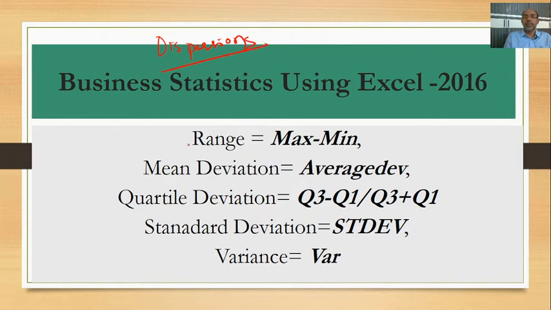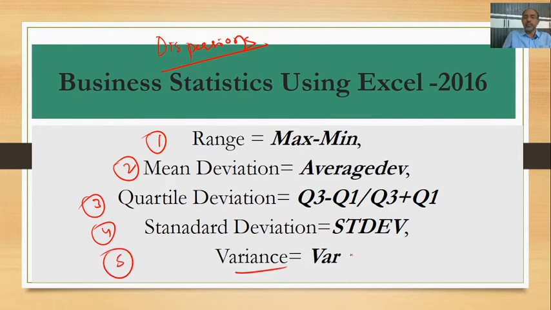In dispersion we have range, mean deviation, quartile deviation, standard deviation, and also variance. As we know, variance is the square of standard deviation, SD. Is it okay? Standard deviation square is called variance, and it also has a command VAR.